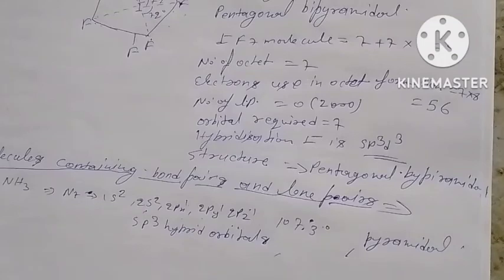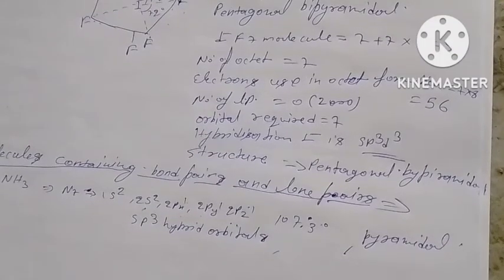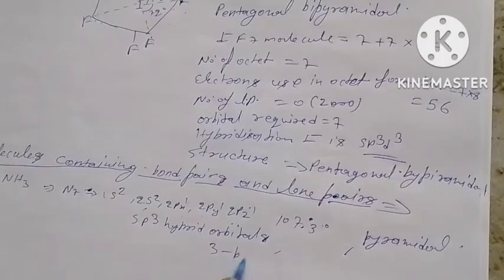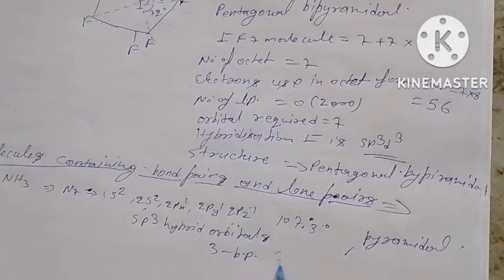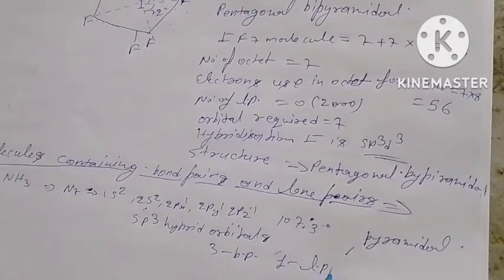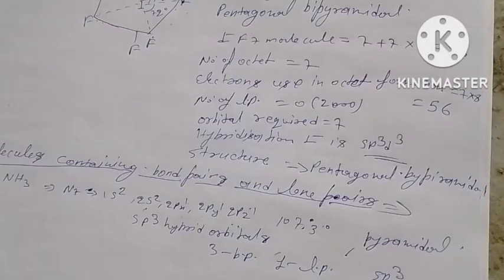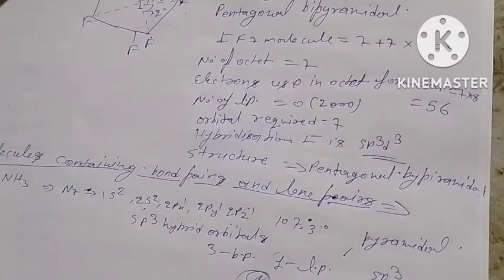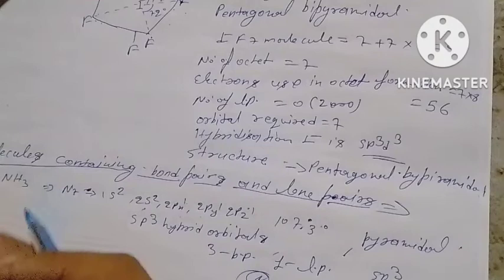So the central atom nitrogen has 3 bonding electron pairs and 1 lone pair. Thus the hybridization is sp3 due to the presence of 4 orbitals, and the structure of the ammonia molecule is tetrahedral.